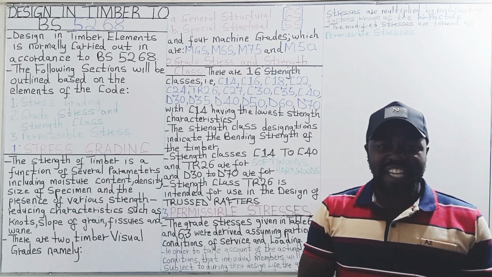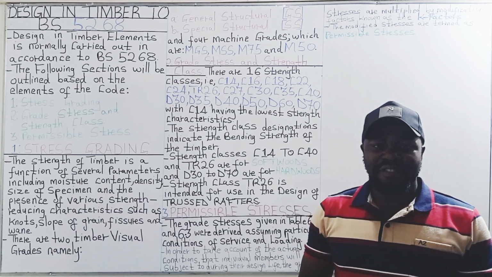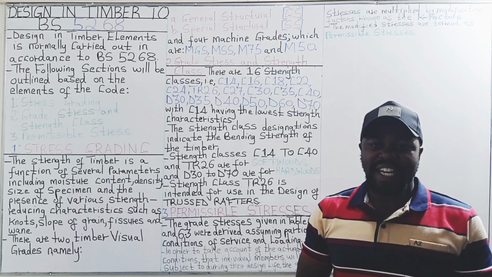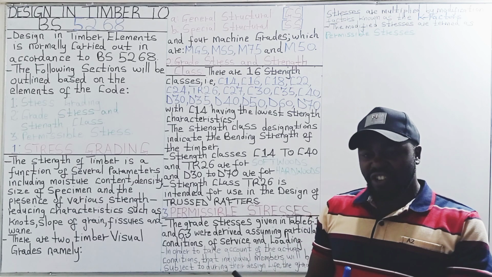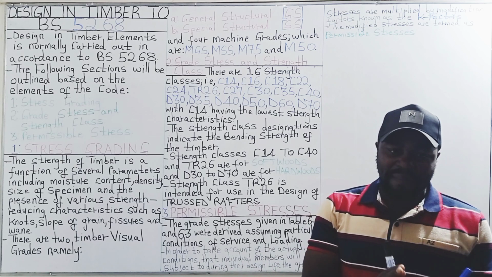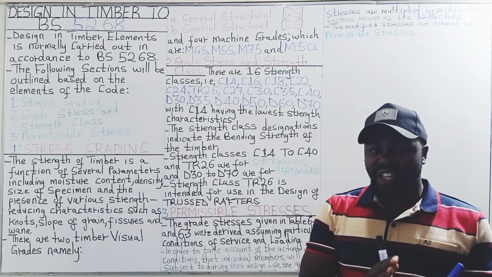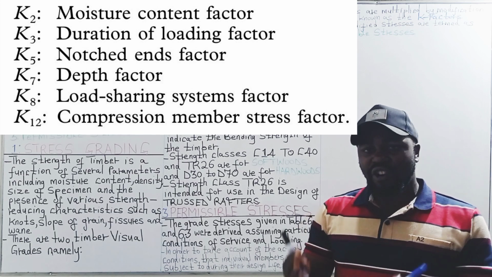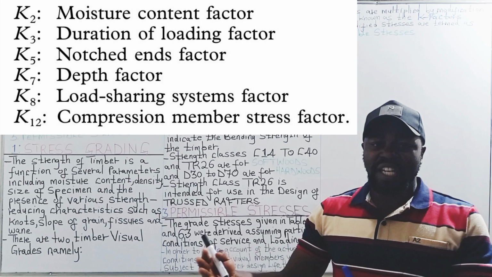BS 5268 lists over 80 K factors, however, the following subsections consider only those modification factors which are relevant to the design of simple flexural and compression members. These K factors include the following. We have K2, which is the moisture content factor. K3, the duration of loading factor.